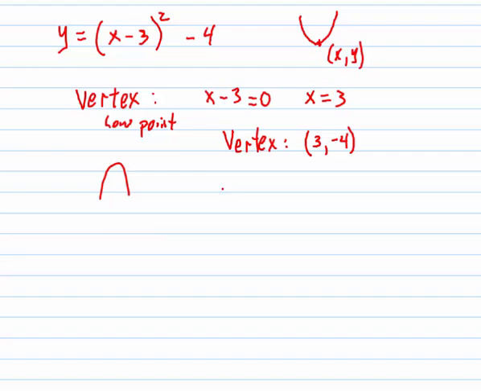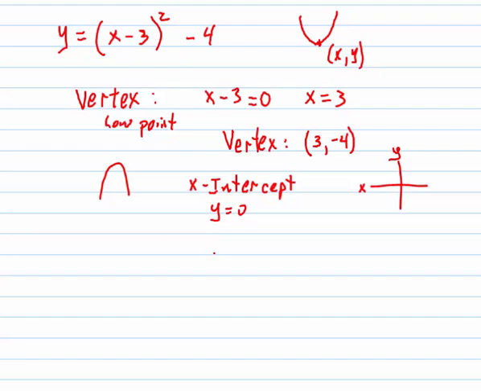Now we could use x and y intercepts. The x-intercept is where the graph intersects the x-axis. The x-axis here, y is equal to 0 there. So for an x-intercept, y is equal to 0.